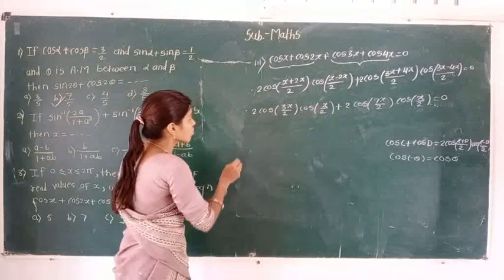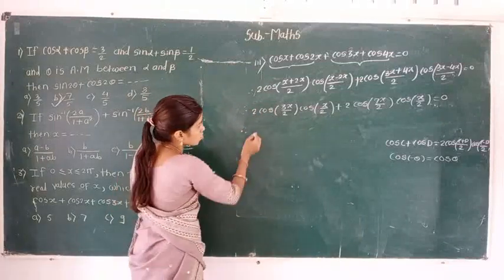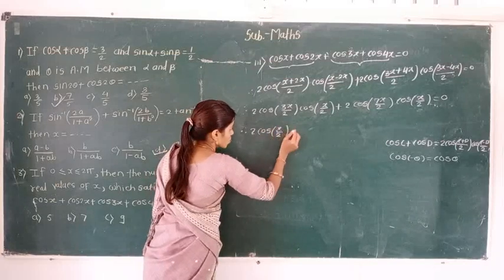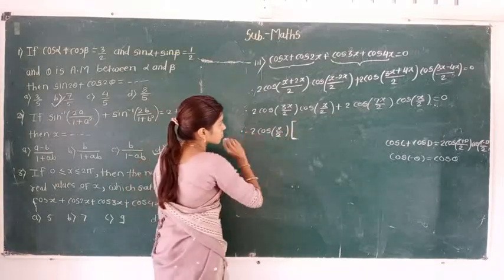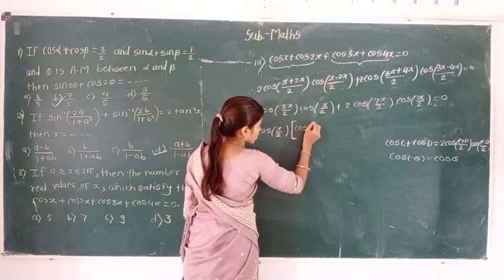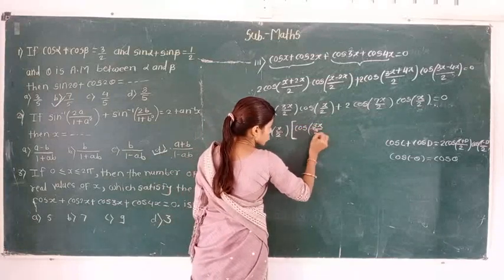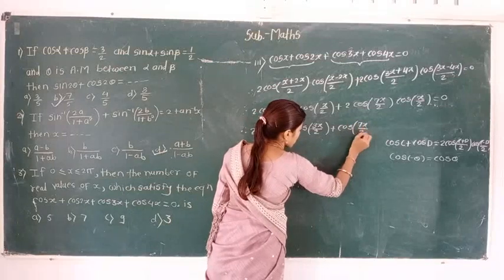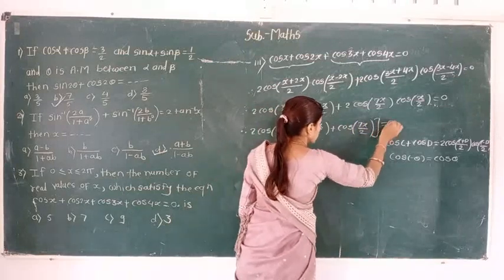Take the common factor 2 cos(x by 2) outside, and in the bracket we have cos(3x by 2) plus cos(7x by 2), is equal to 0.